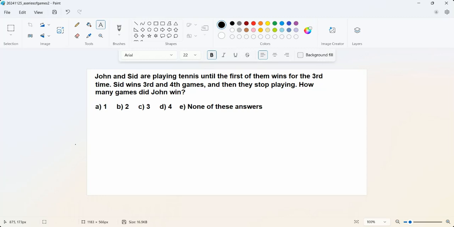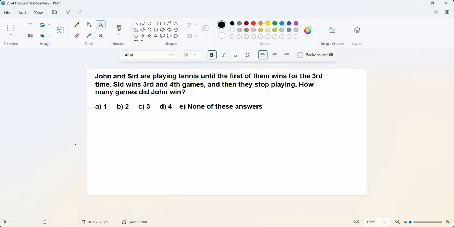John and Sid are playing tennis until first of them wins for the third time. Sid wins third and fourth games, and then they stop playing. How many games did John win? So, in this kind of problem, we have to know first when the game ended and who won.